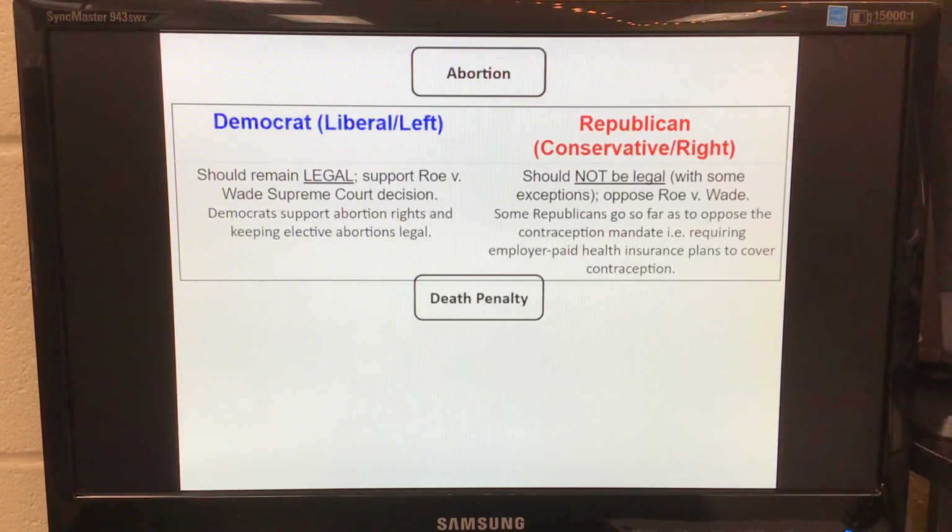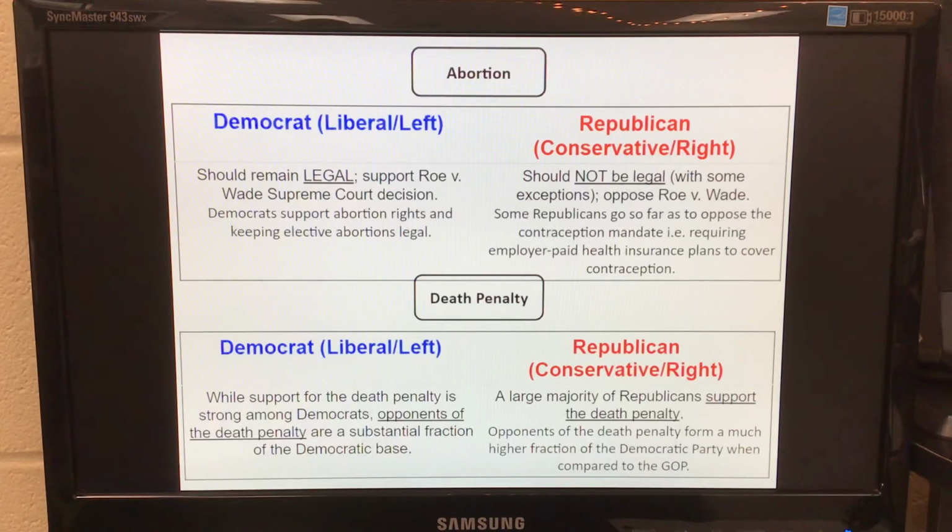So they are pro-life. Does that mean every Republican is pro-life? No. Does that mean every Democrat is pro-choice? Mm-mm. I actually have quite a few family members who are Democratic Party voters who are pro-life. So not everyone fits the mold.